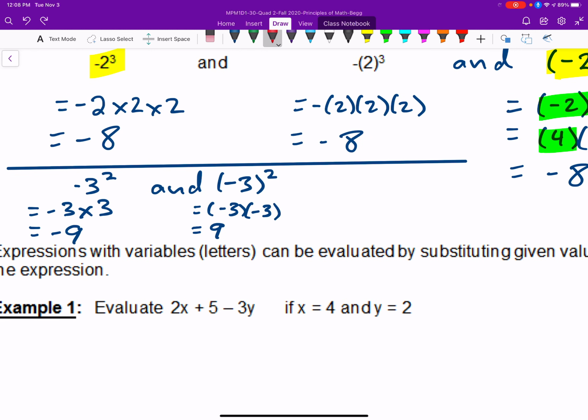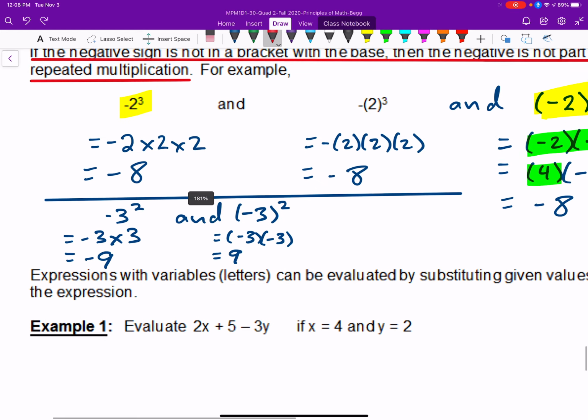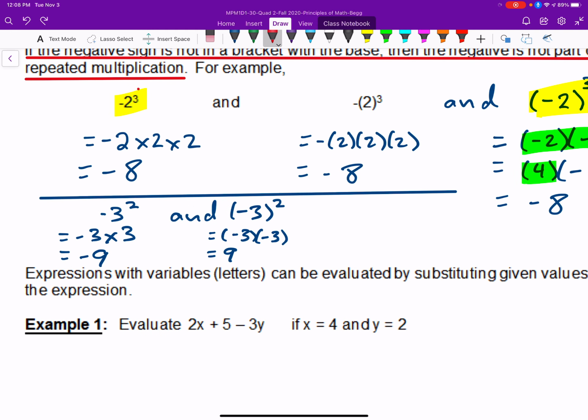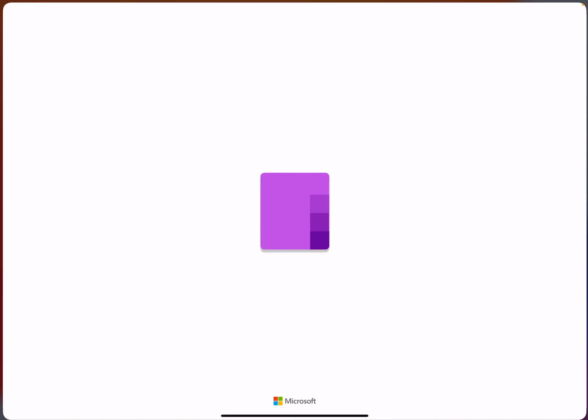An even exponent on a negative base, where the negatives inside the brackets will always come out positive, like this one I just showed here. If there's no brackets, like this one or this one, it doesn't matter whether it's an odd or even exponent because it's not affecting the negative sign. As we already talked about, the negative sign is not affected.